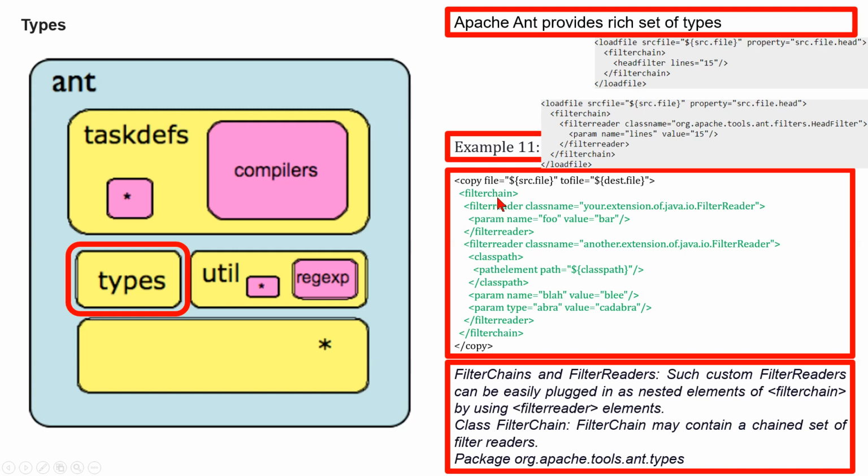This is in the package org.apache.tools.ant.types. A filter chain is a group of ordered filter readers. Users can define their own filters by just extending java.io.FilterReader class. Such custom filter readers can be easily plugged in as nested elements of filter chain by using filter reader elements.